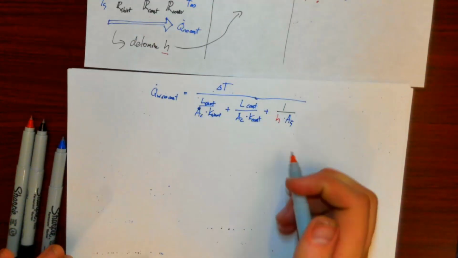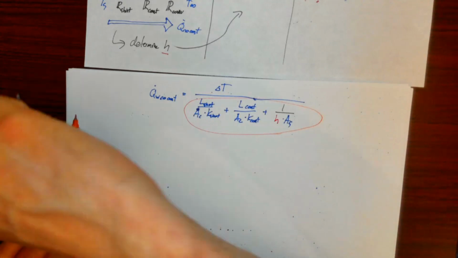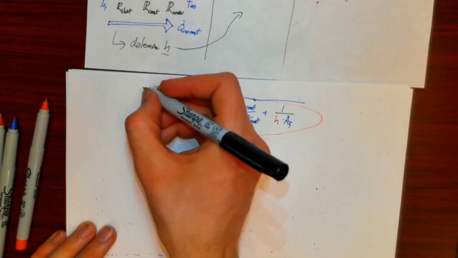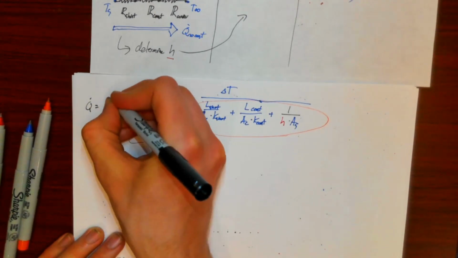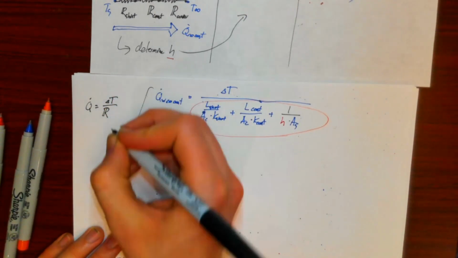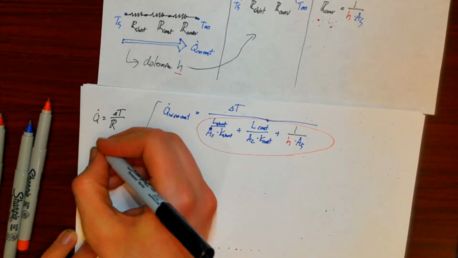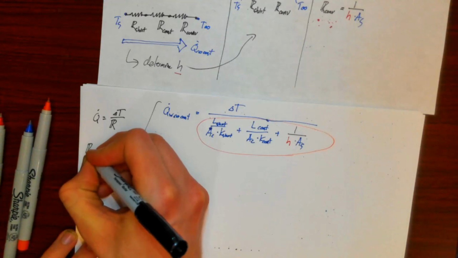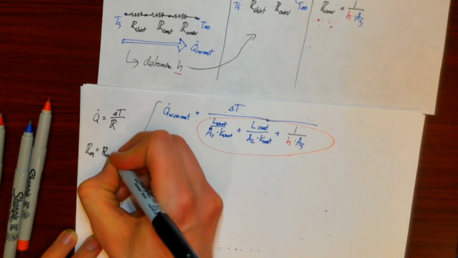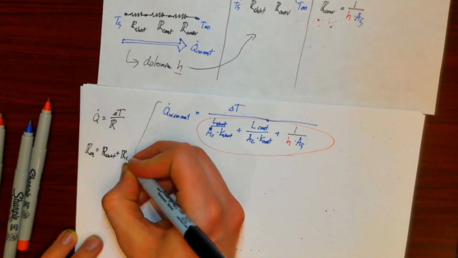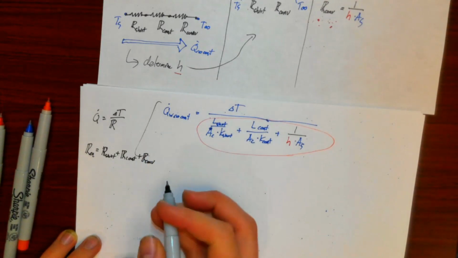And where is this whole equation coming from? Well, the general form for resistors is that Q dot is equal to delta T divided by the resistance, and the resistance overall for this thing is the sum of the three resistances.